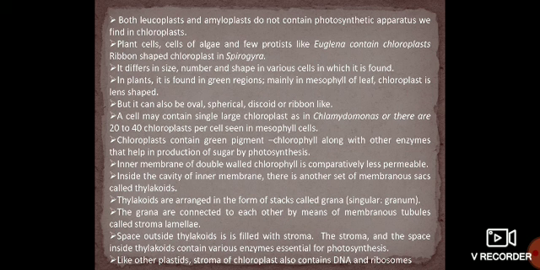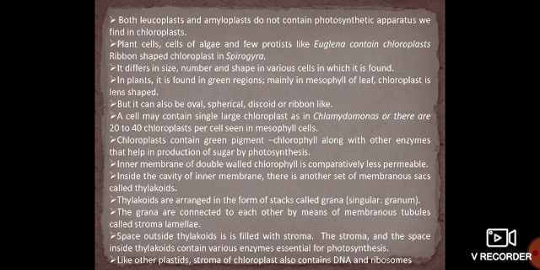In plants, it is green in color, or may be found in the green region of the plant, mainly in the mesophyll of the leaf. So chloroplast is lens shaped in the mesophyll of the leaf of a plant. Mesophyll is nothing but the region just below the epidermis.